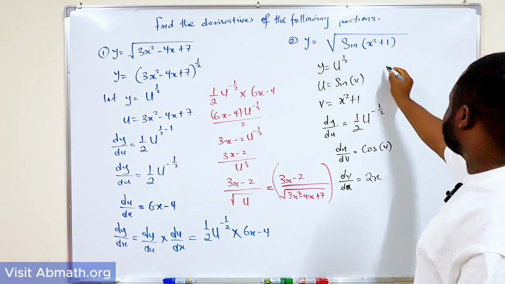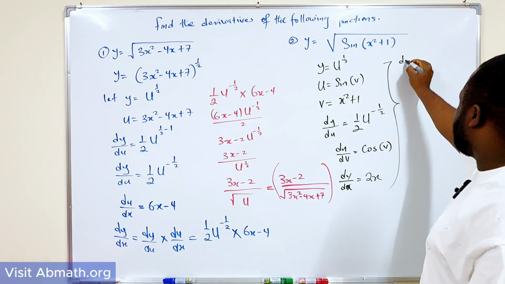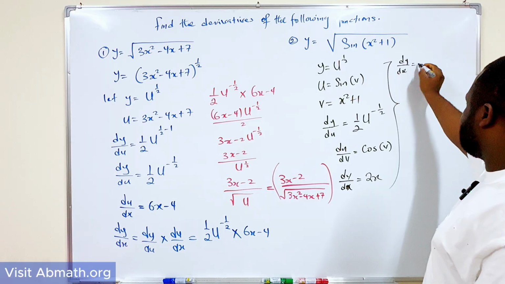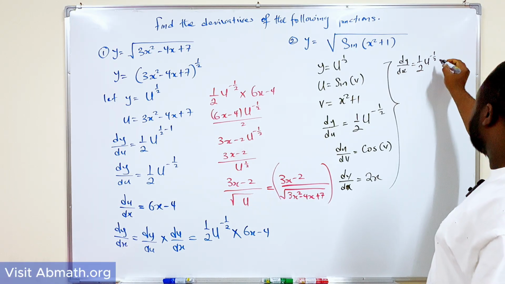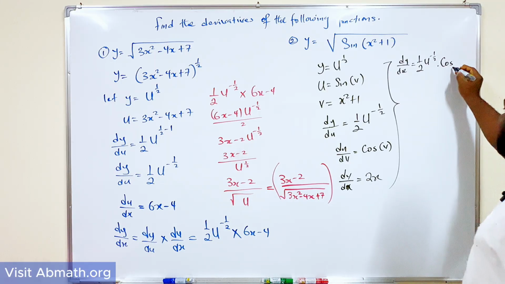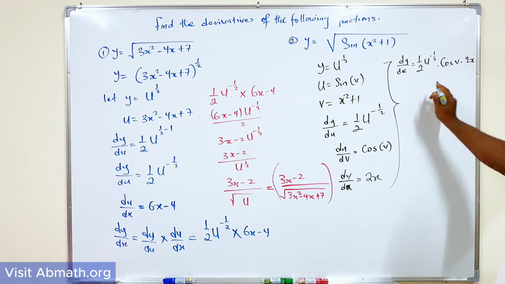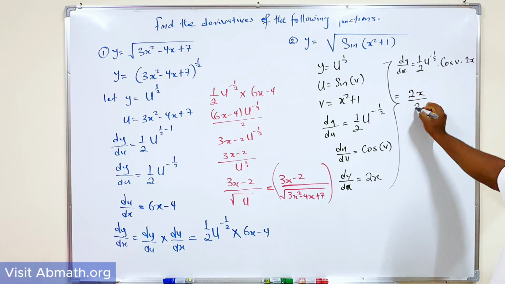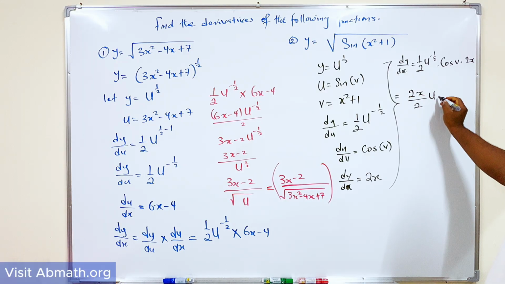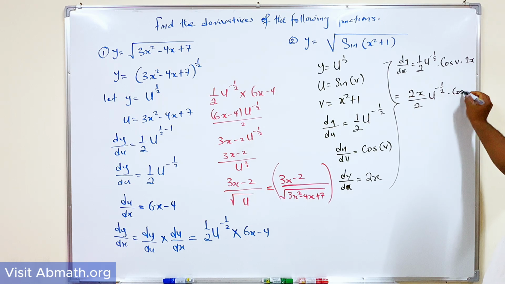So we are now going to multiply these three derivatives. I'm going to write it this way. This is going to give us dy/dx equals 1 over 2 u raised to power negative 1 over 2 multiplied by cos v multiplied by 2x. So we have 2x over 2 multiplied by u to the negative 1 over 2 multiplied by cos v.